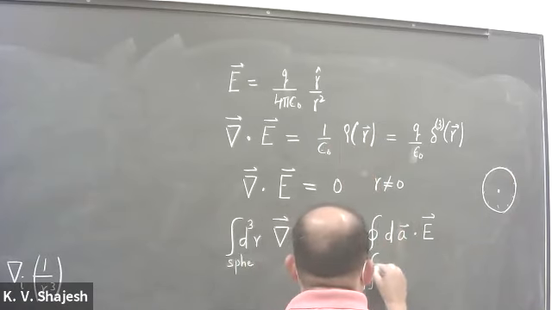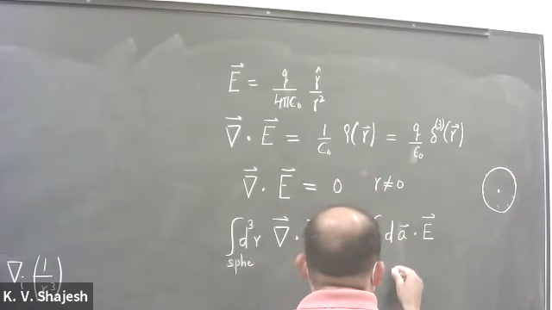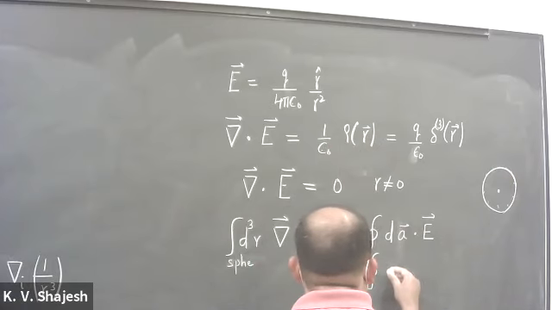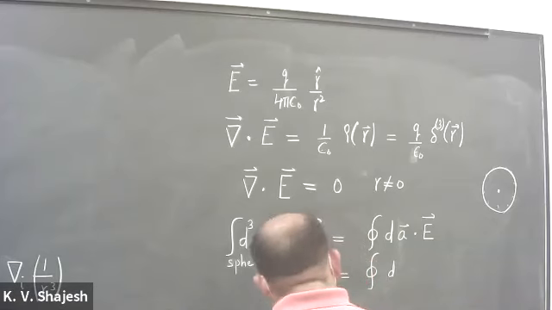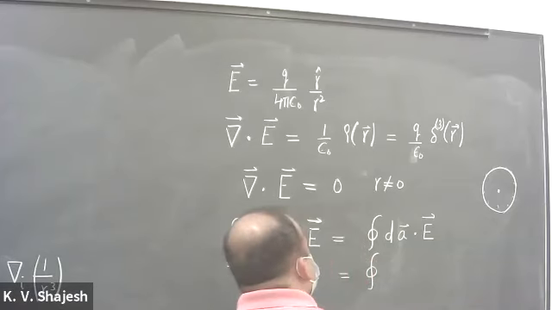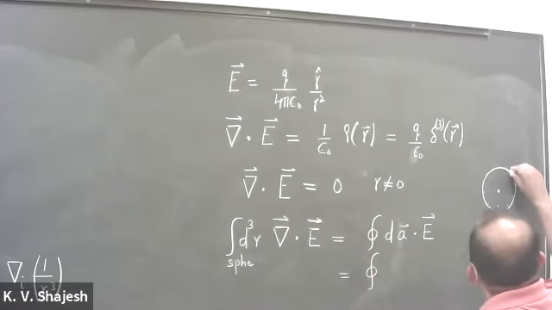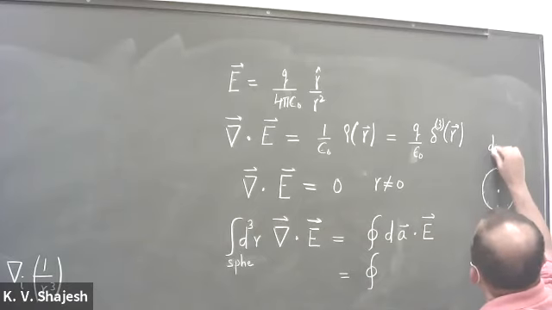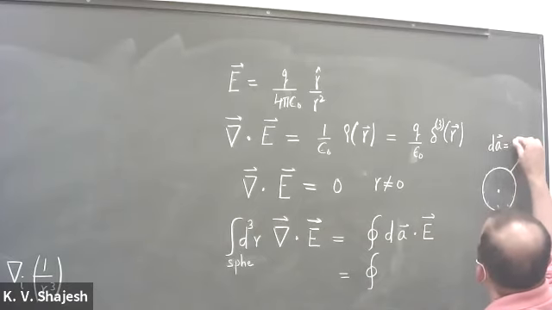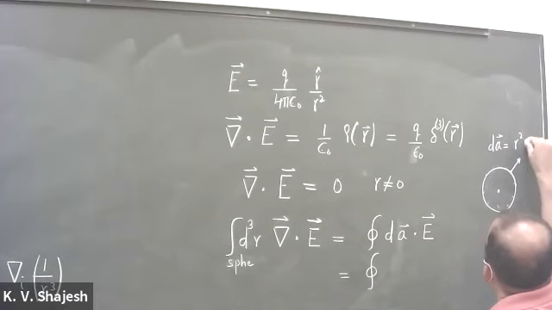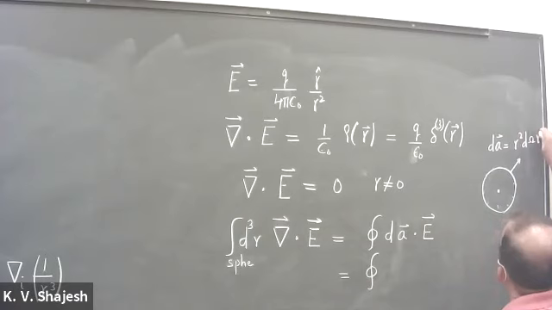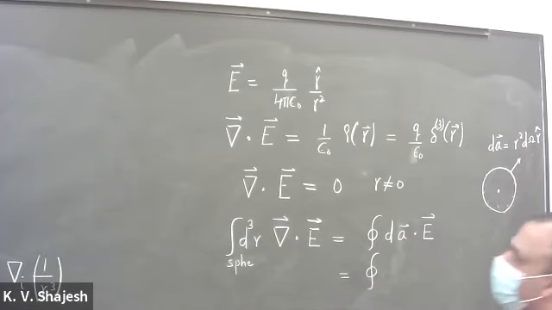So this is dA. What's dA? dA is this vector here. dA is r squared d sigma, where d sigma is a solid angle, and the unit vector r hat. That's a solid angle, familiar? d theta, d phi.